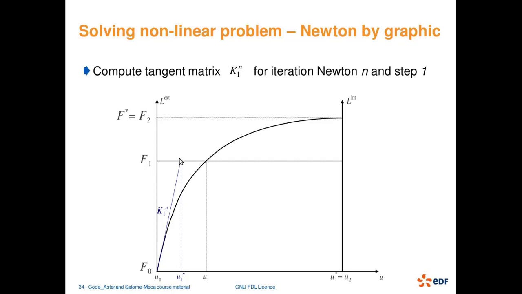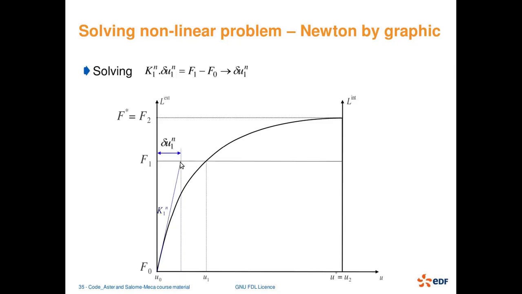So k1n for the nth iteration in the first time step is the tangent matrix, and by finding that I get this del un, which is shown in the next slide.